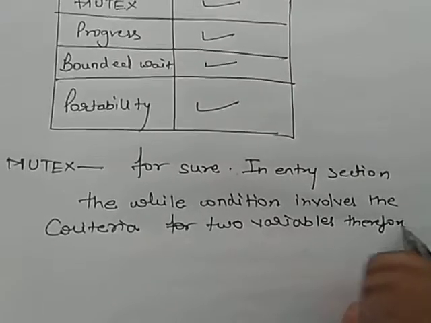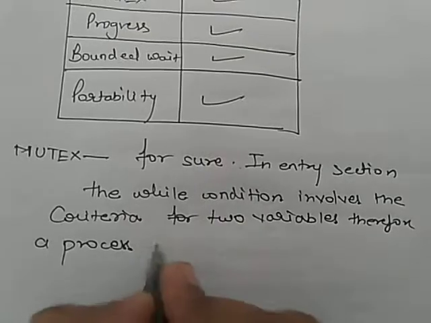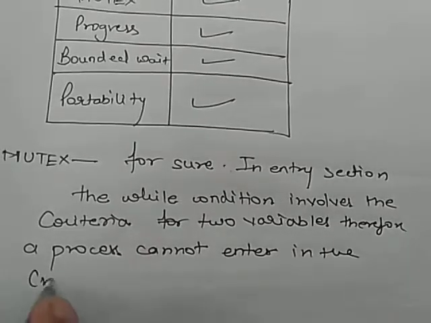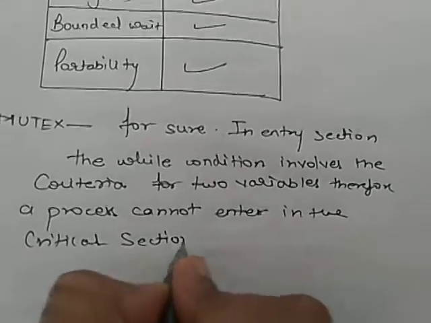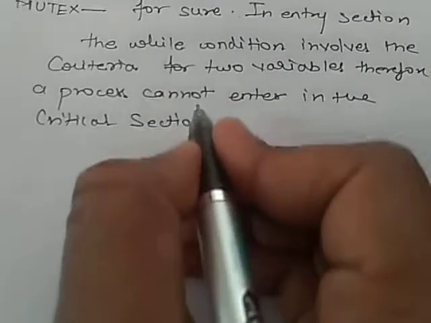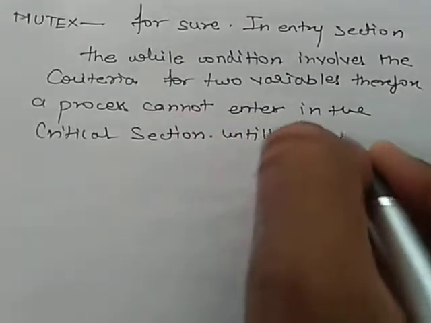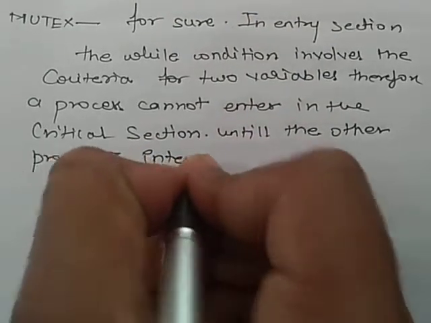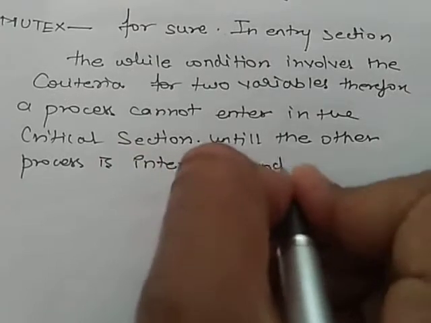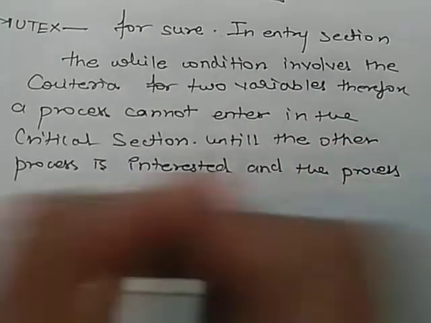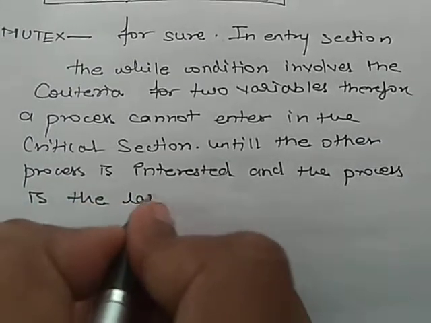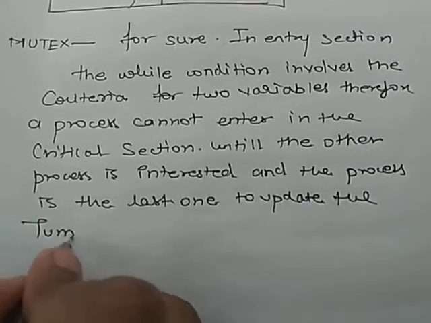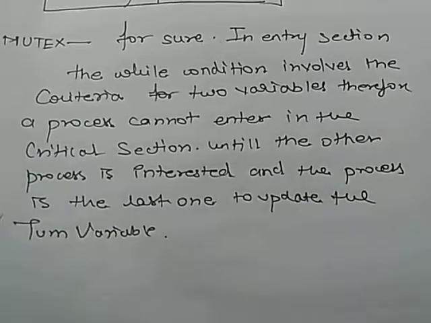Therefore, a process cannot enter the critical section until the other process is interested and the process is the last one to update the turn variable. Now this is the condition for mutual exclusion.